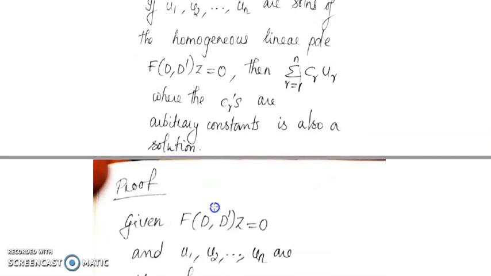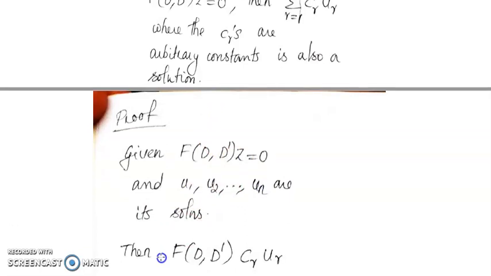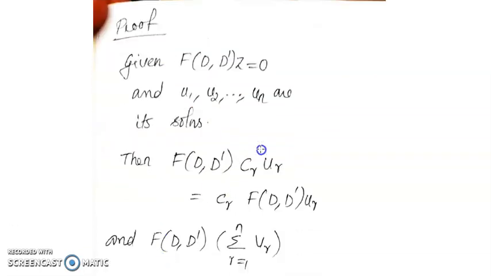So again the proof goes this way. You are given the equation f of d dash z equal to 0 and u1, u2, un are solutions. Now these are all properties of derivatives. If you take the derivative of a times f of x, that will be a times the derivative of f of x. In the same way f of d dash cr ur will be equal to cr f of d dash ur.